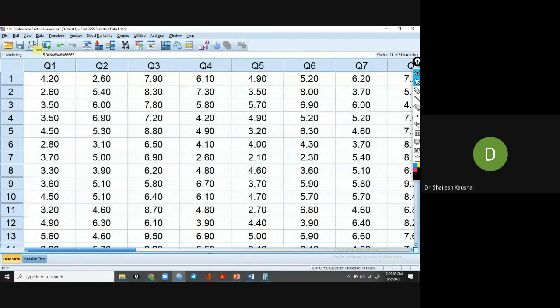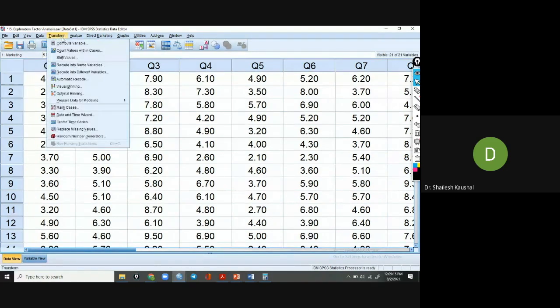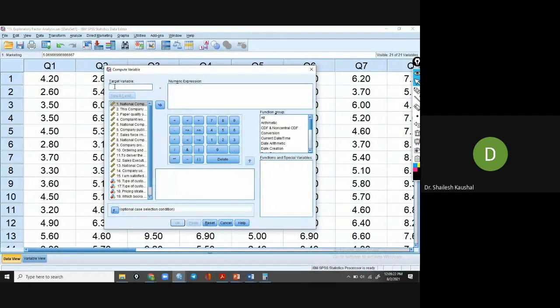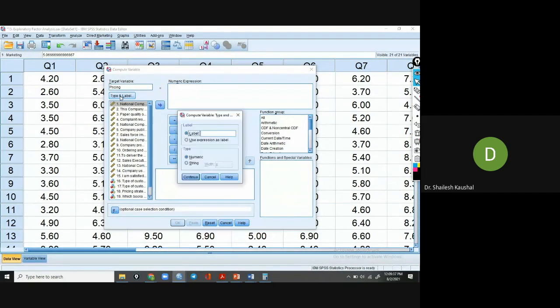Go to Transform, Compute Variable, and Reset. So I am writing here pricing. I'm creating a new variable named pricing, and I'm taking the summated scale of the three variables, and the same thing I will type here, paste, and then continue.